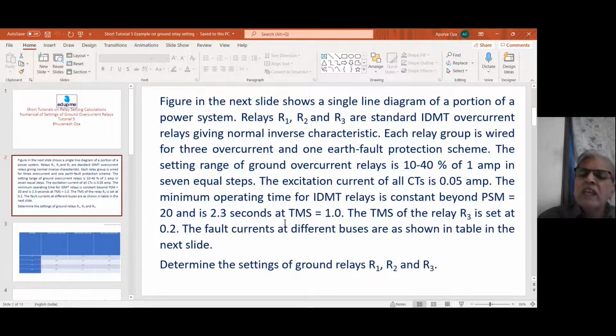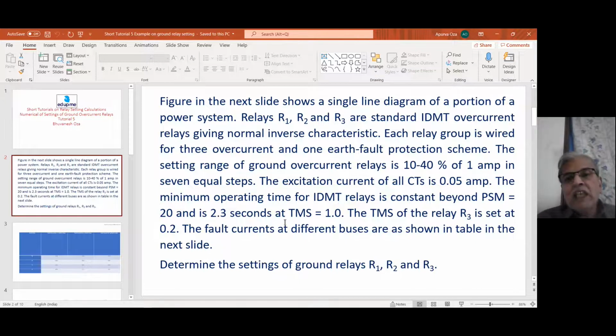We have three relays R1, R2, R3, and they are standard IDMT normal inverse relays, right? And each relay group is wired in a 3 overcurrent and 1 earth fault protection scheme. That is 3 relays for phase purposes, R, Y, and B, about which we have talked in an earlier tutorial, and 1 relay dedicated for earth fault protection. Right?